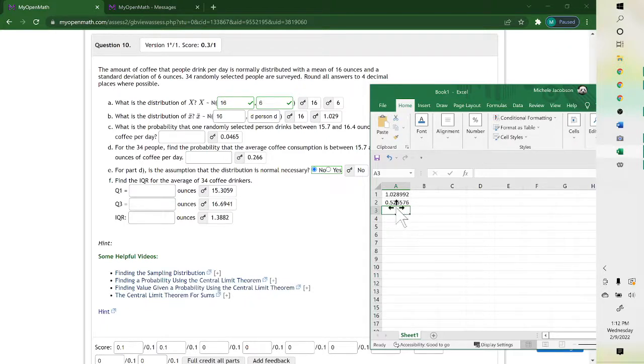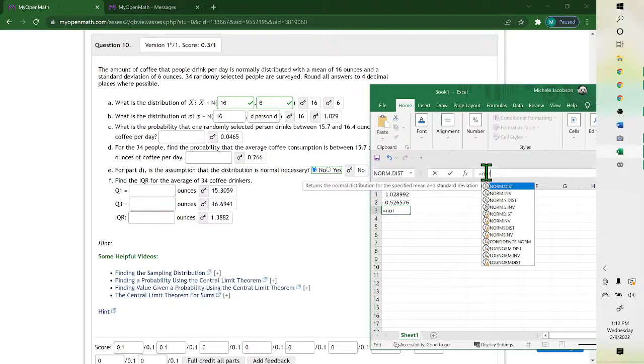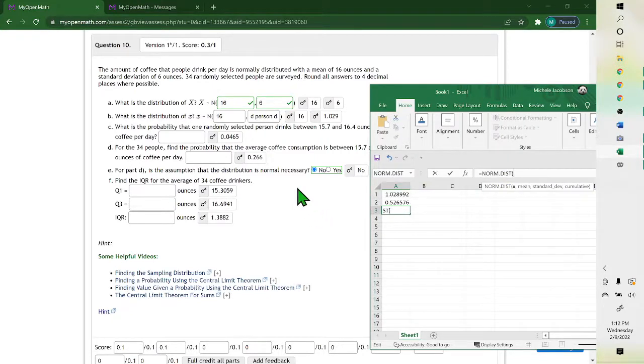We need to do the same thing: equals norm distribution, only we're going to use the 15.7. 15.7, comma, 16, comma, 6, and a 1.